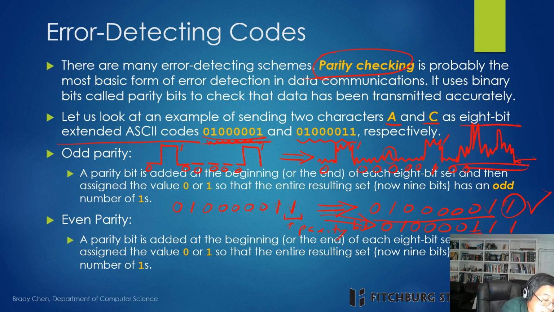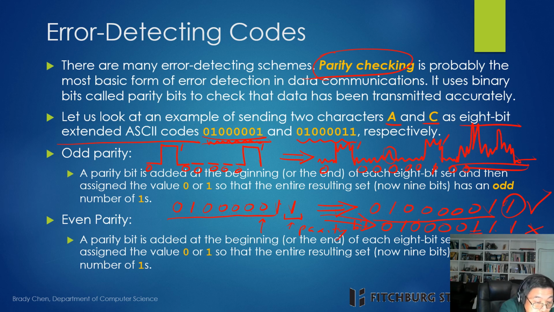On the source side, this bit is 0, but on the receiving side, it switched to 1 due to noise or electric spike or whatever. So the receiving side will check the number of ones. It's 1, 2, 3, 4. You have 4 ones, which is an even number. And then the receiving side will know there must be an error in there, right? Because you use the odd parity checking, but I received a sequence of 9 bits with an even number of ones. So there must be an error over here.